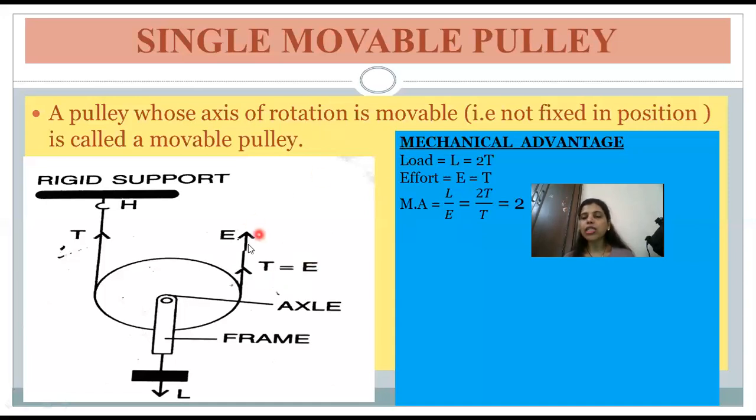Most of the time wells have a single fixed pulley, which only helps you to change the direction of the effort. But suppose your well has a single movable pulley, then it is also acting like a force multiplier. So here you can see MA is equal to 2, which means it is greater than 1, so it is acting as a force multiplier.